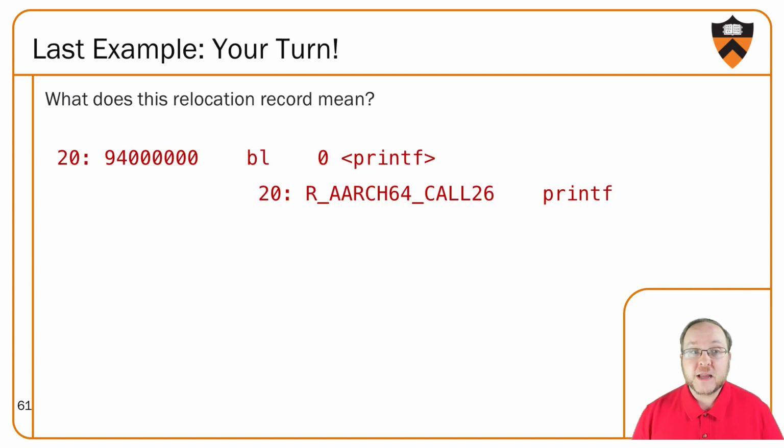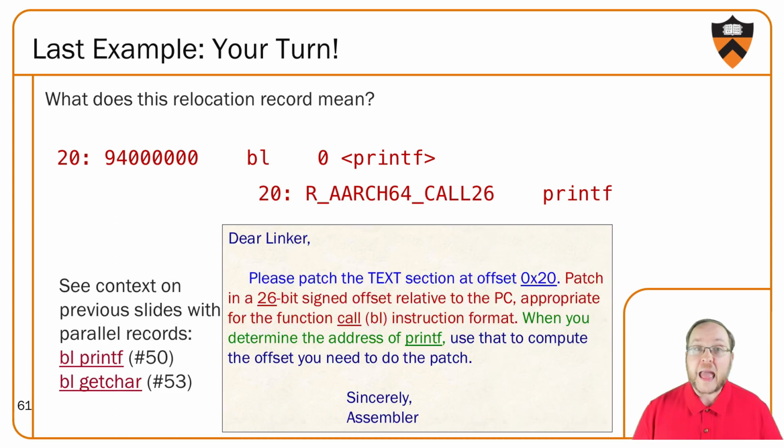So in light of that, can you pause the video here to translate this relocation record, as shown on the slide, into a note from the assembler to the linker? As we've seen before, the BL leaves 26 bits for the relative address empty and asks the linker to fill in the relative addresses between wherever it put printf and wherever this instruction is.